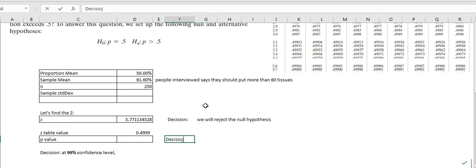Let's check again. This is the final checking. So 0.4992 against 0.5. This is already a fixed value. Let's practice the percentage.